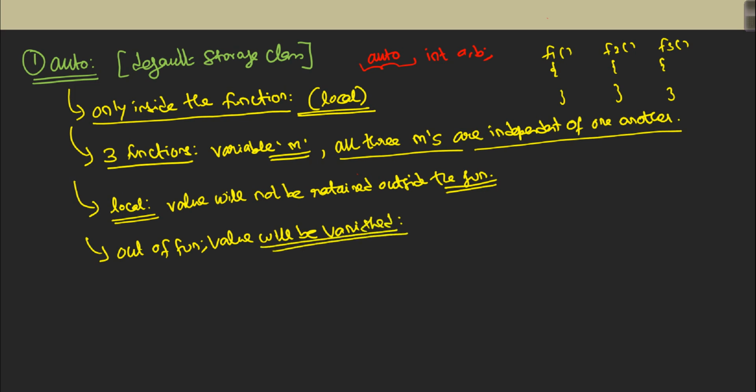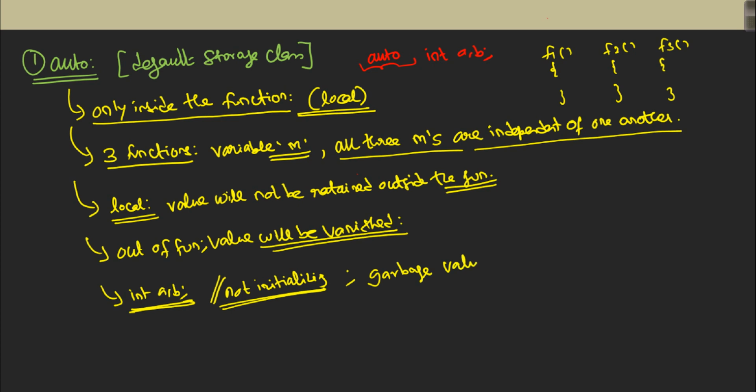Okay, suppose I am giving int a comma b and I am not initializing them. Then what will happen? For a and b, a garbage value will be allocated. That means some random value will be allocated for a and b.